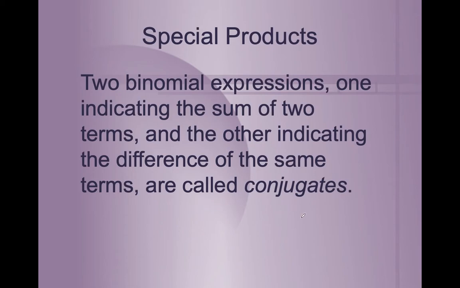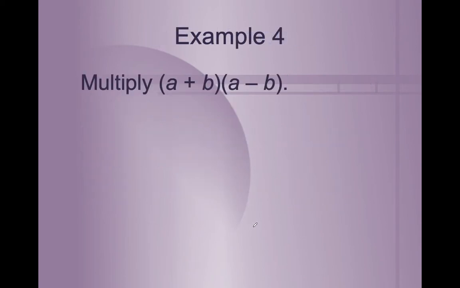All right, and then the last one. If we have two binomial expressions, one is the sum of two terms, and the other one is the difference, we call those conjugates. Here, let's take an example. a plus b times a minus b. So we have the sum and we have the difference.